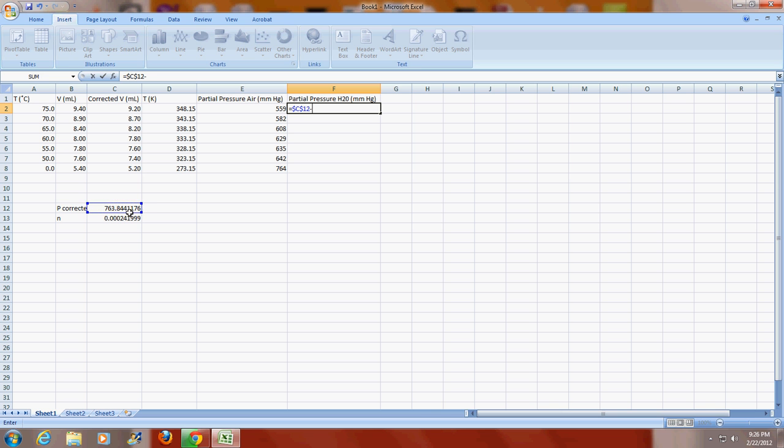And I'm going to subtract the partial pressure of air because the total pressure is the sum of the partial pressures. That's Dalton's law of partial pressures. In this case, we only had two things that exerted pressures, air and water. So that is going to be the partial pressure of water.